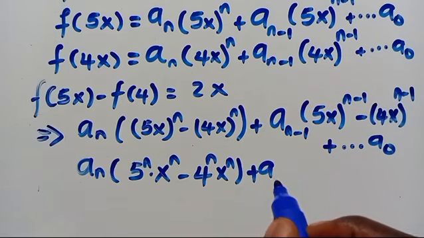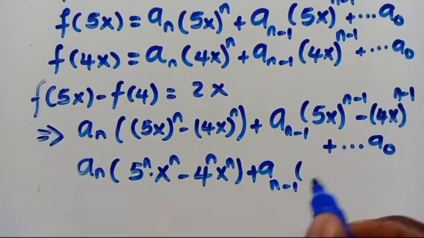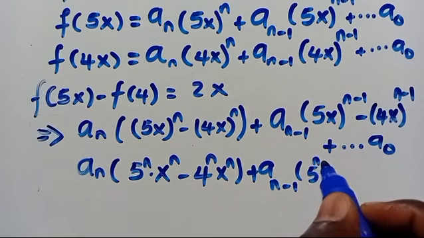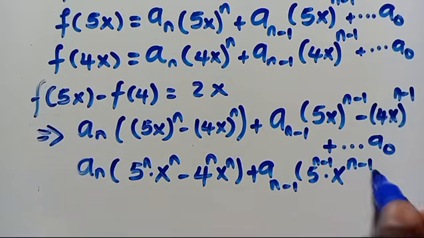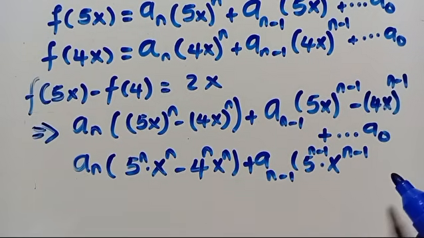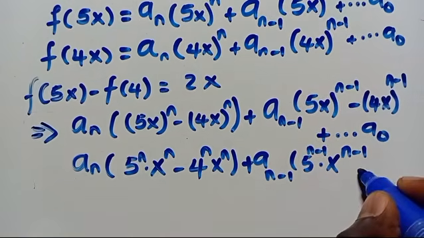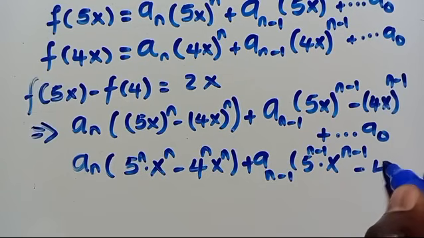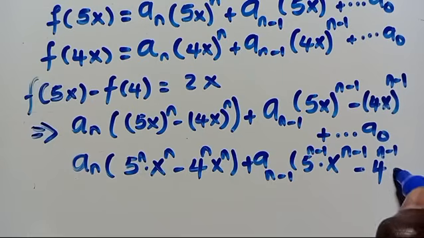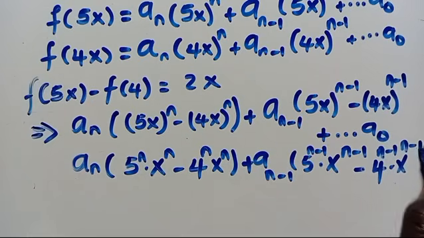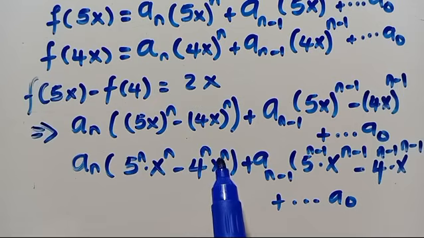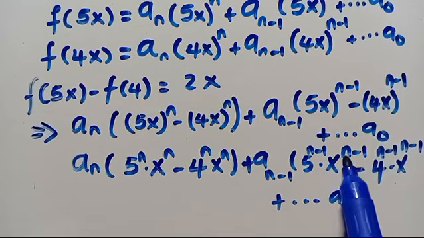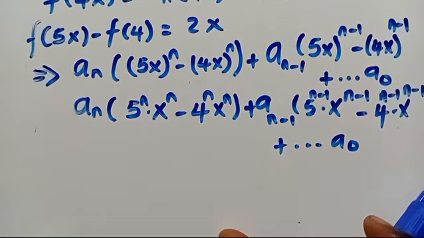Then this n minus 1, we have 5 to the power of n minus 1 times x to the power of n minus 1, and minus 4 to the power of n minus 1 times x to the power of n minus 1. Then plus dot dot dot till we have a naught. x to the power of n is common, x to the power of n minus 1 is common, so we can factor this out.